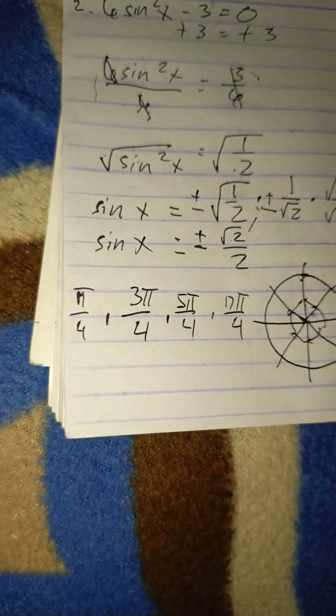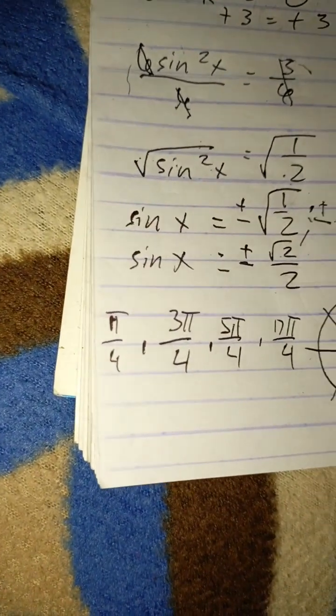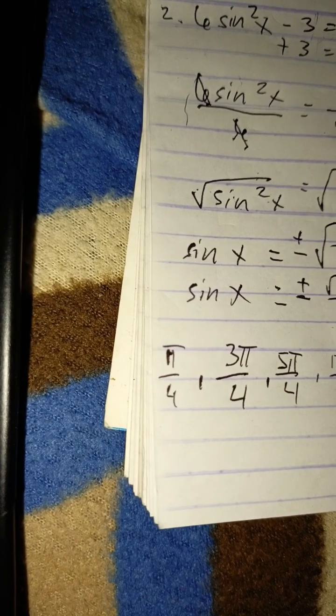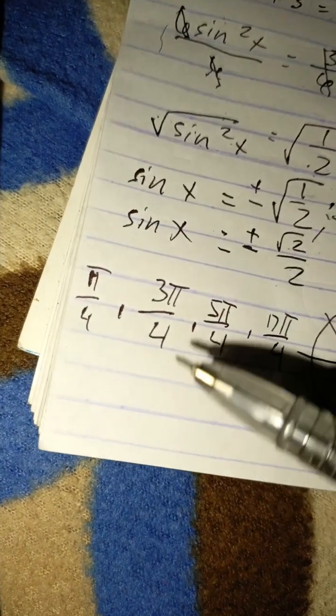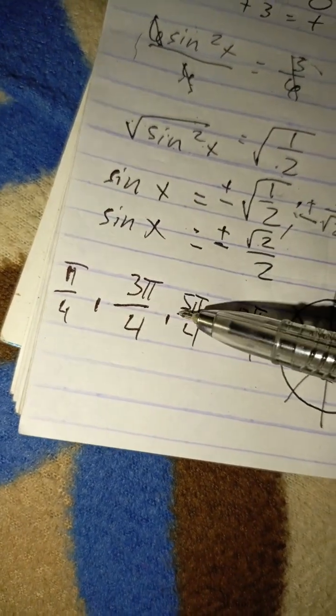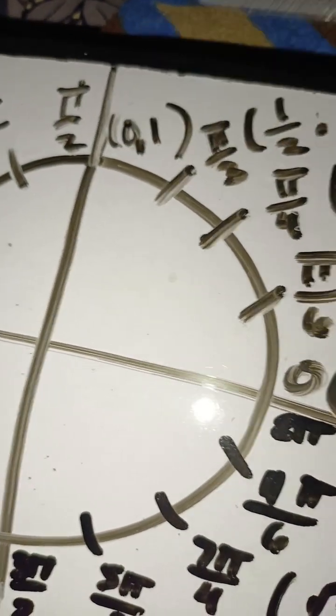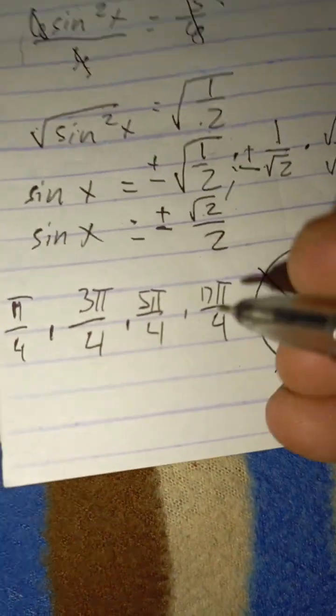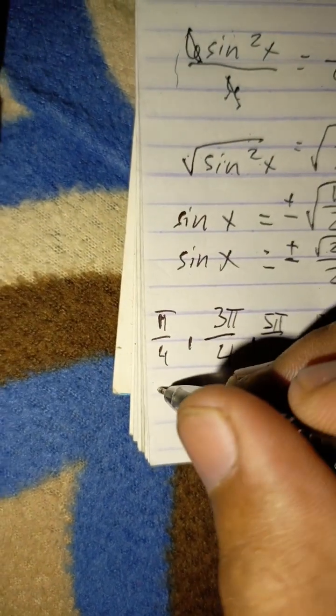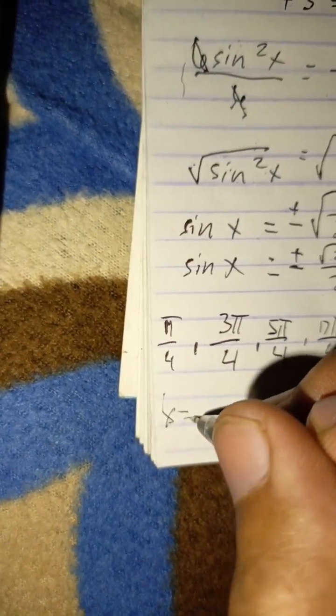So for us to get the general solution, we just need to add 90 degrees on each interval that we have. So 90 degrees is equal to pi over 2. So we're just going to add x is equal to pi over 4 plus multiples of pi over 2 n.